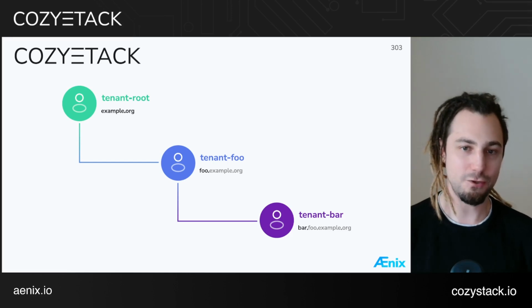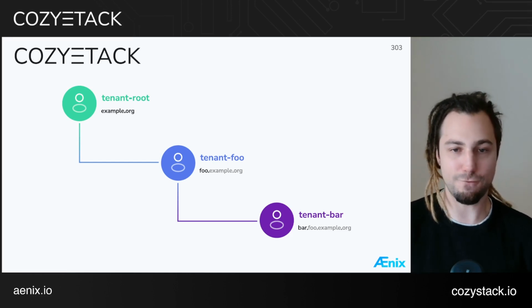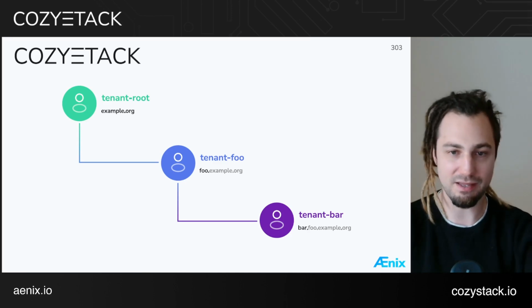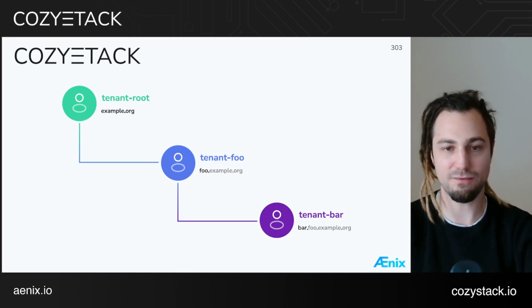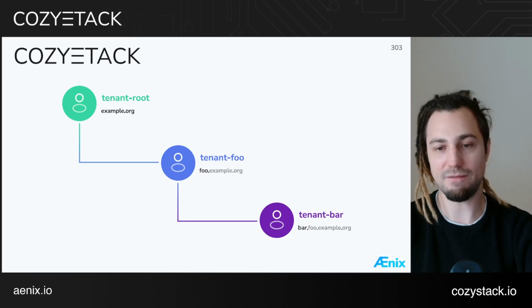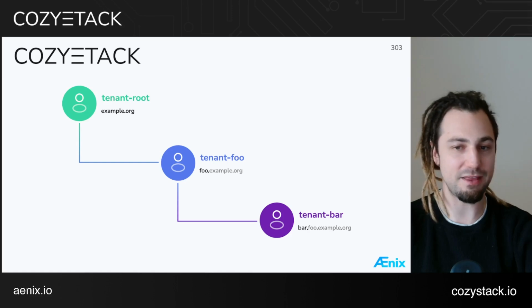So you can create a new tenant, for example tenant foo, and it will get a new subdomain with the name of the tenant added to this default domain, and the next tenant will also create another subdomain that is used for automatic configuration.